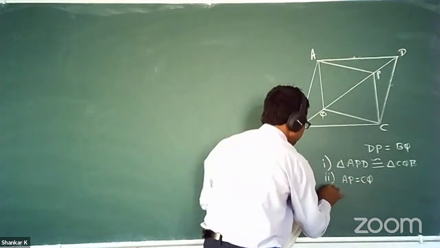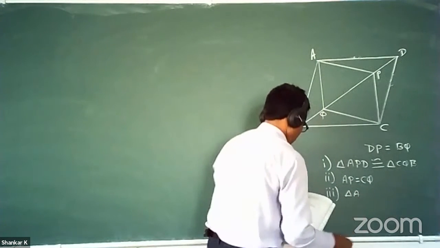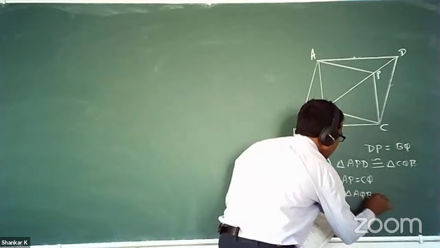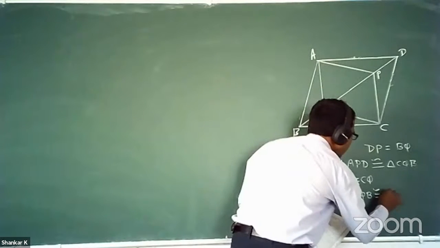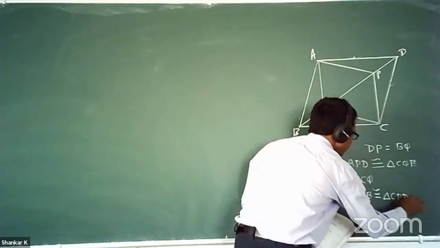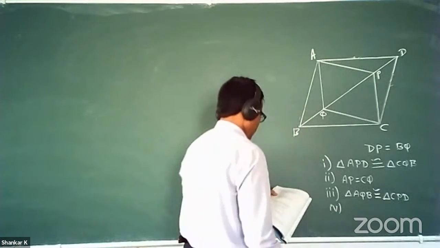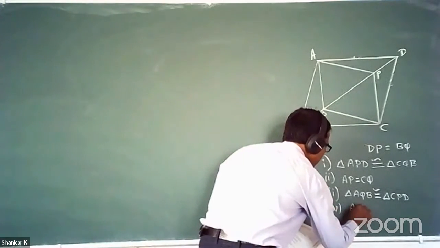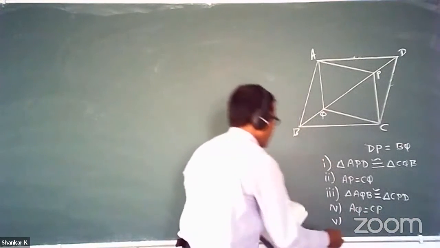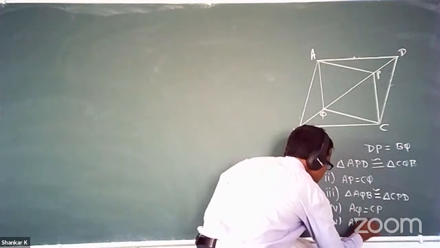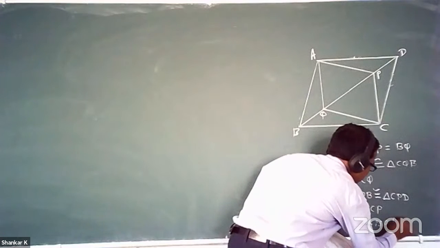Third point, triangle AQB is congruent to triangle CPD. Then fourth point, we have to show AQ equal to CP. Fifth point, APCQ is a parallelogram.